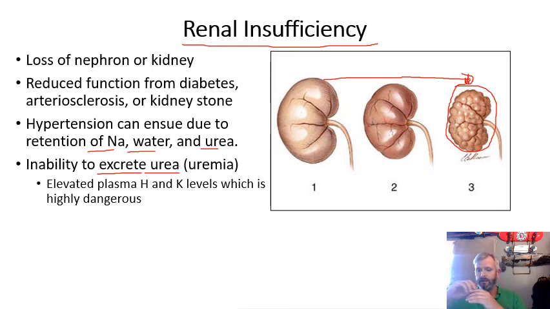What they're filtering out and what's getting excreted in the urine is the waste products like urea and so forth. So we want to remove the urea from the blood, but we want to keep, say, glucose, most of the sodium in there. And so how do we do this?